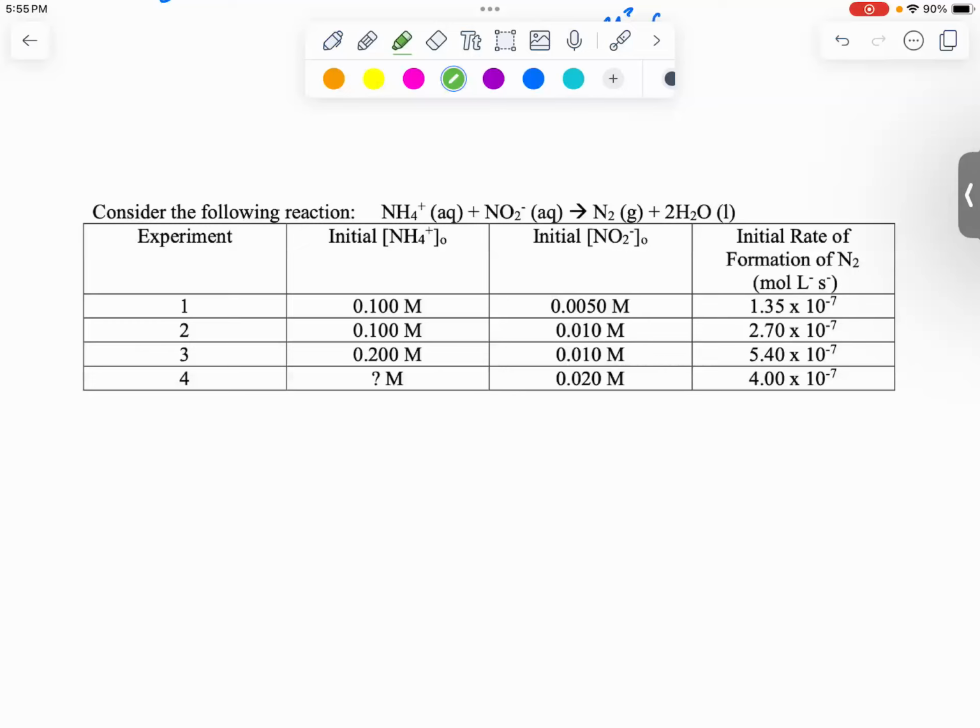But K is the same for all of them. So if you have three reactions, you can find it. So let me go ahead and share the journey of finding it.